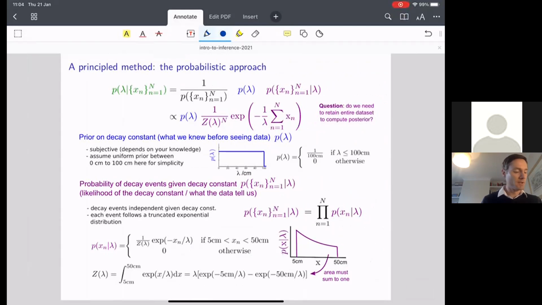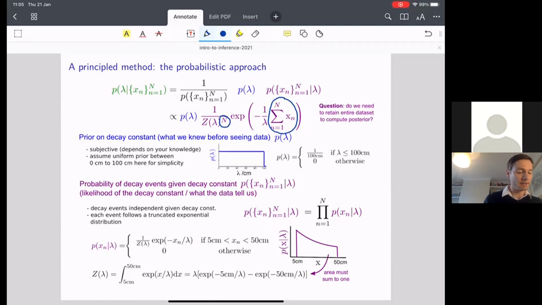expression that we have here, you'll notice two things. Firstly, we only need to store the sum of the data points here. We don't need all their precise values, we just need the sum of the decay events. And we also need one other piece of information, which is N, the number of data points. If we have those two pieces of information, we can compute the likelihood term and therefore the posterior.